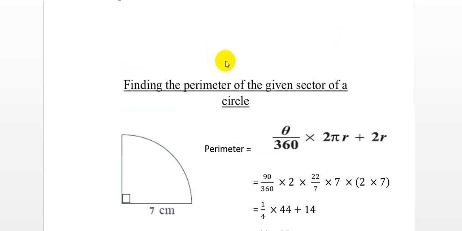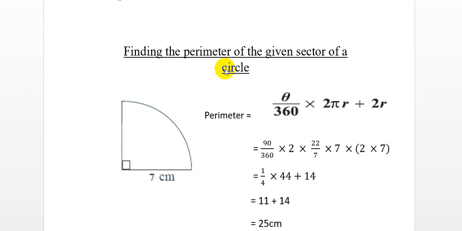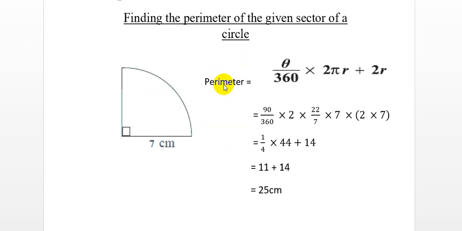So let's look at a simple example question and try to understand how to calculate the perimeter of this particular sector of a circle. So as you can see, the radius is 7 centimeter and the angle given is 90 degrees.